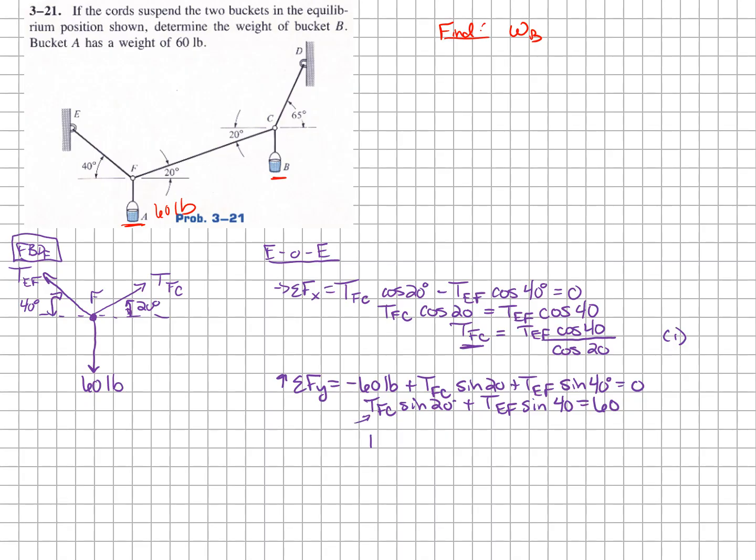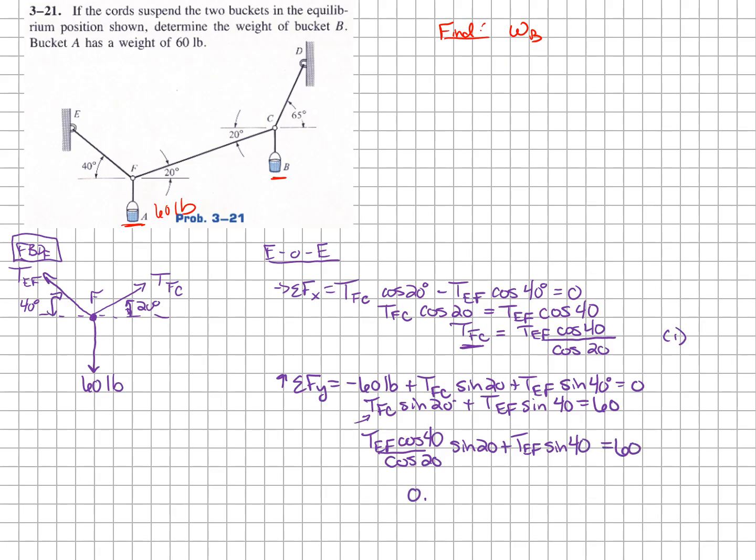So I get TEF cosine of 40 over cosine of 20 times the sine of 20 plus TEF sine of 40 is equal to 60.